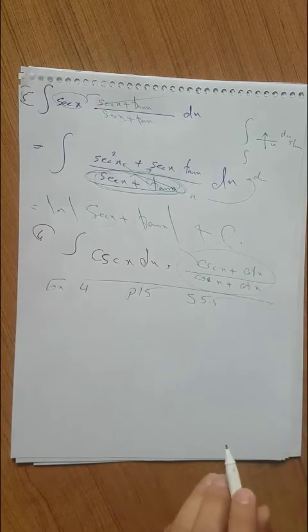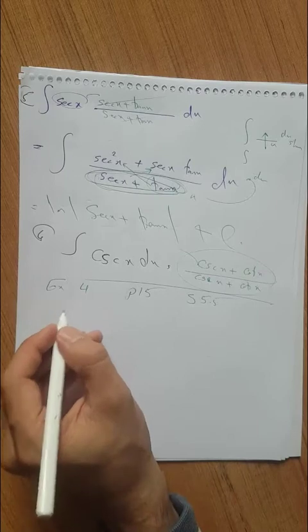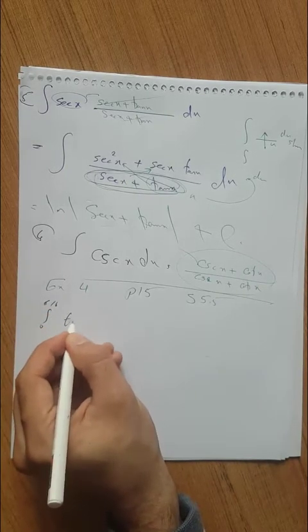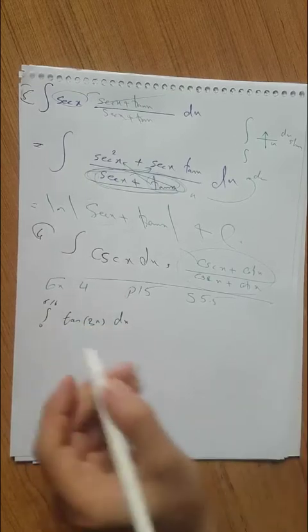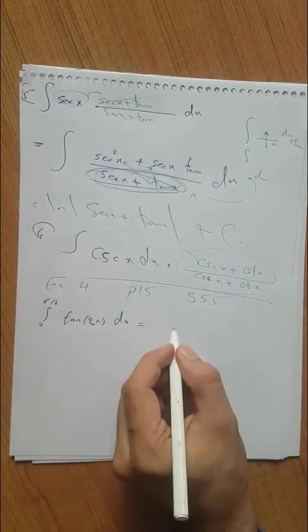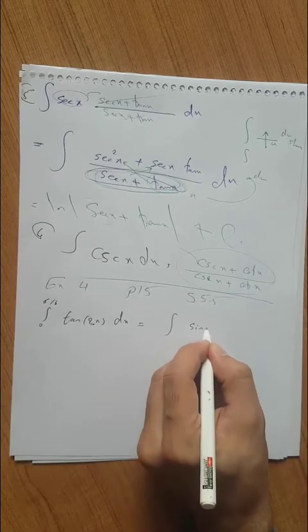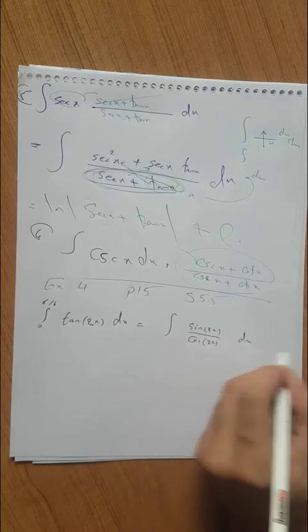We have from 0 to pi over 6, but we have tan. Do not forget you have an angle here. This one is equal to sine 2x over cosine 2x. Don't forget about the x, the angle.